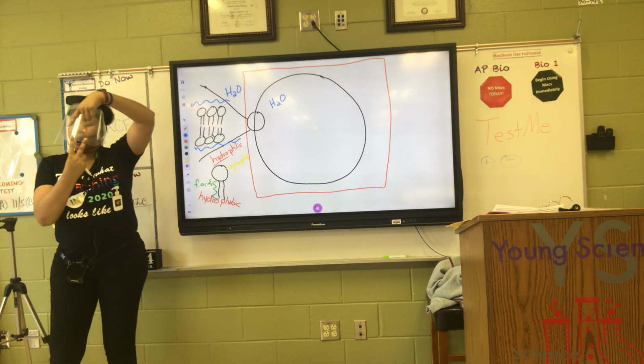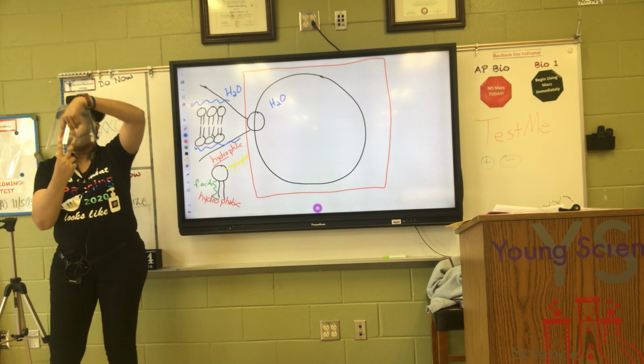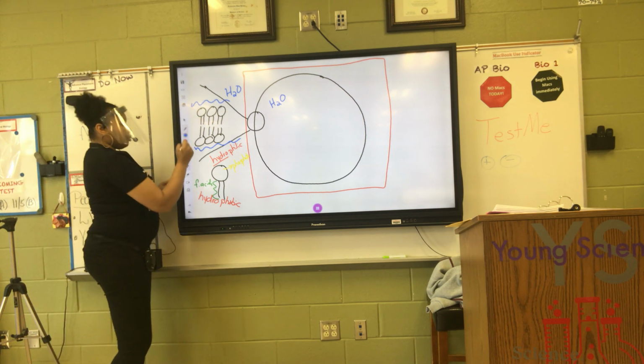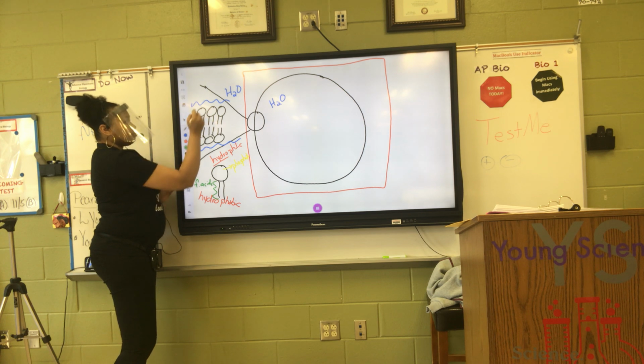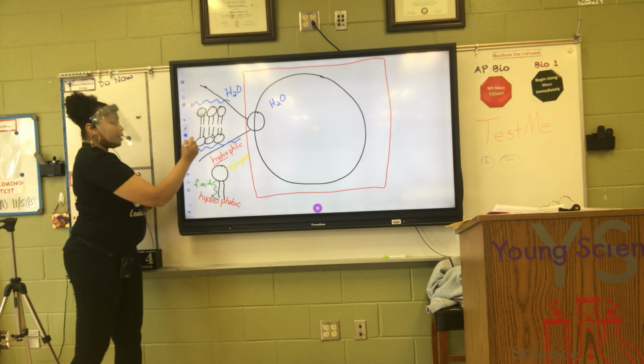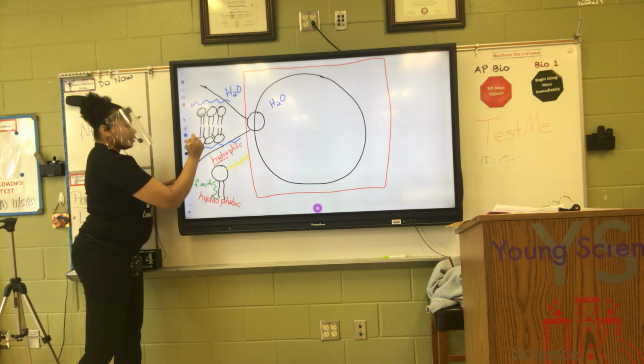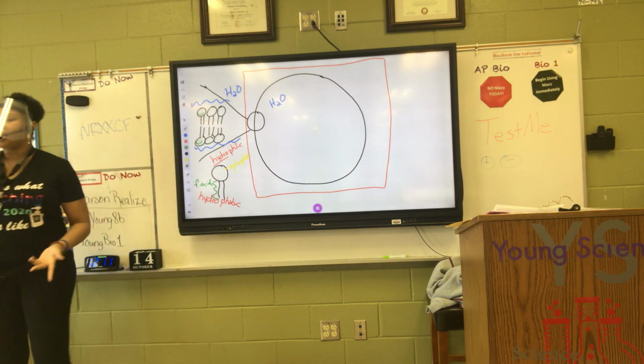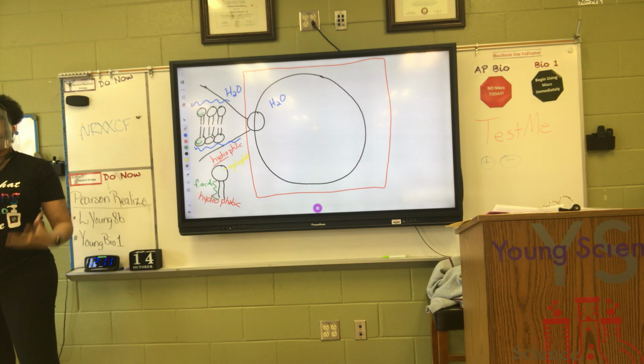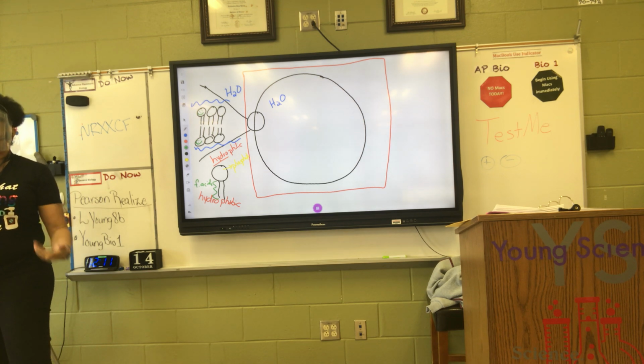So they arrange tail to tail. So the part of the molecule that loves water is happily, well, I should have put it the other way. Ignore that face. Happily sitting in water. The part of the molecule that likes water is in water.